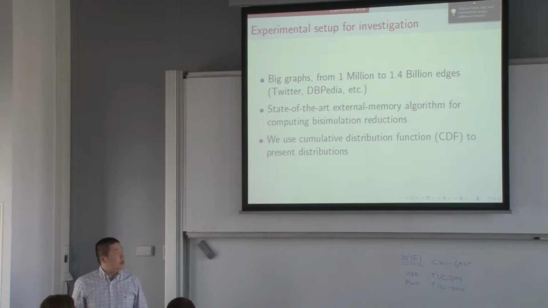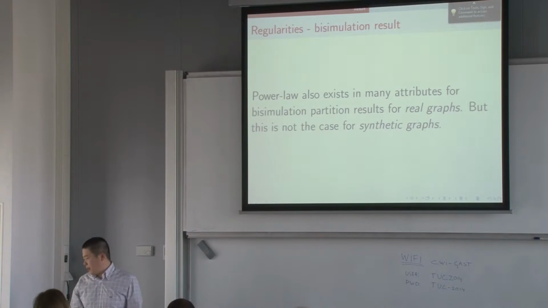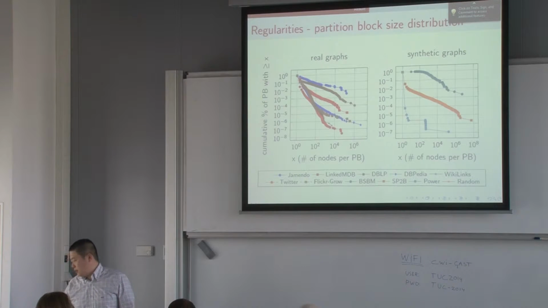In the following, we use the cumulative distribution function to present the distributions. The main result we find is that the power law distribution also exists in the partition block graph for real graphs. But this is not the case for synthetic graphs, for all the data generators we experimented with.